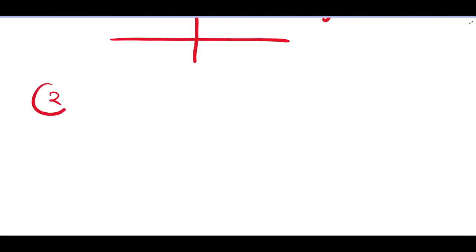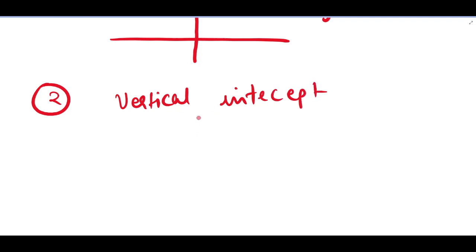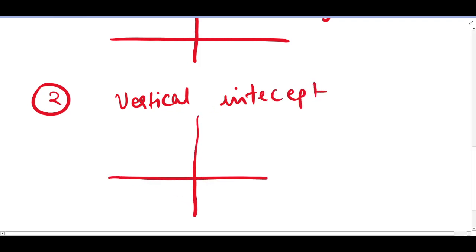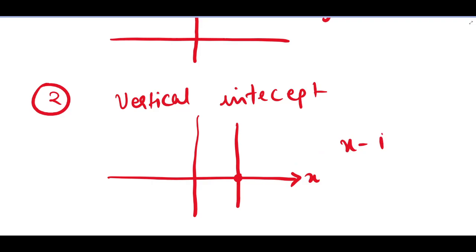Second is vertical intercept. That is, if a line intersects the x-axis at one point, then we call it vertical intercept, and it is known as the x-intercept.